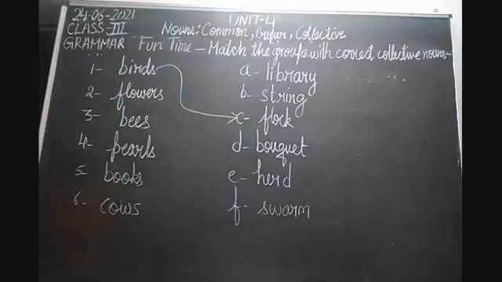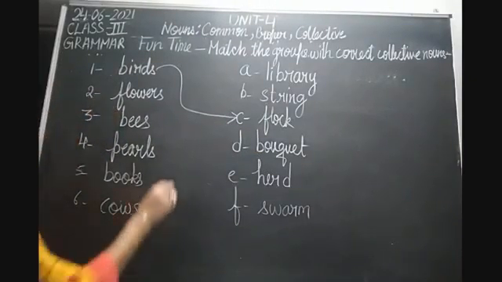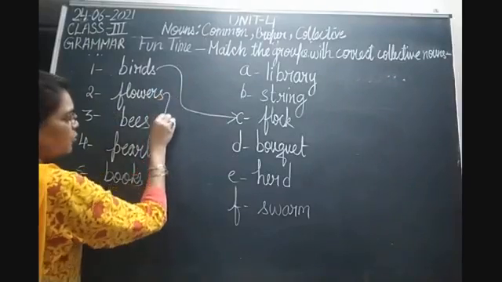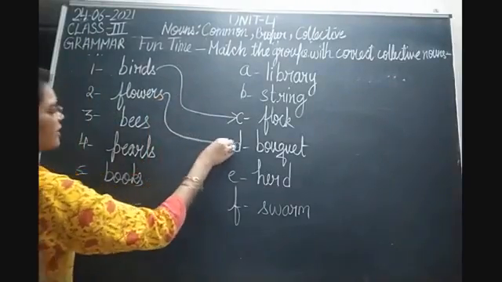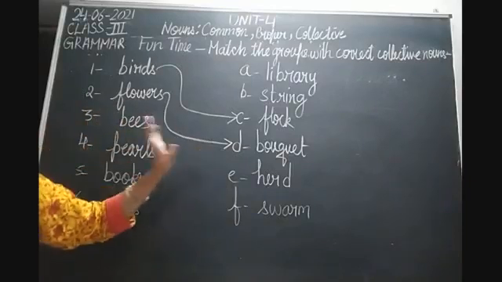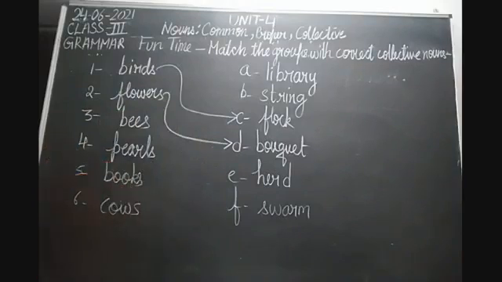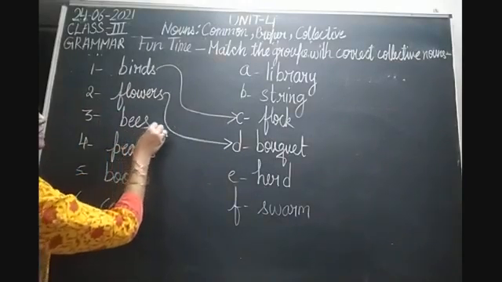Flock of birds. Then the second one, you can see the picture of flowers. फूलों का गुलदस्ता है ना? So flowers किससे match करेंगे? A bouquet of flowers. Match second one with D. A bouquet of flowers. Then the third, bees.